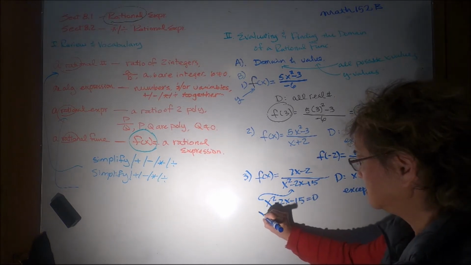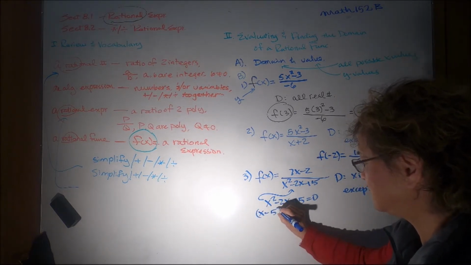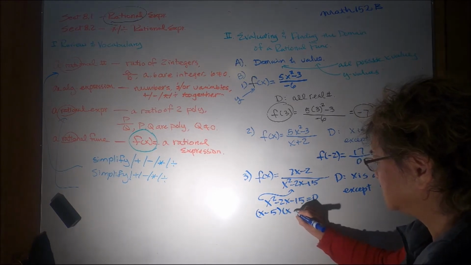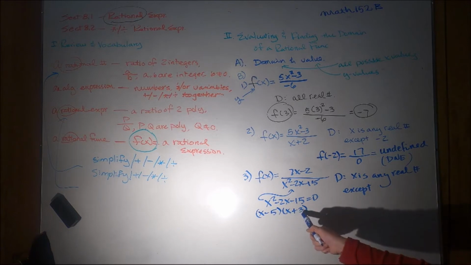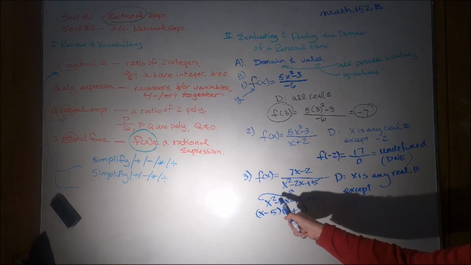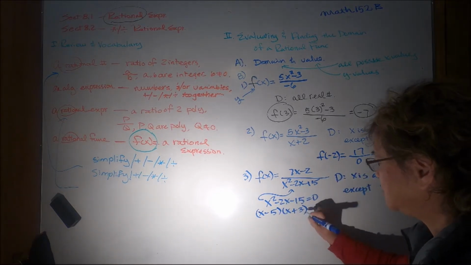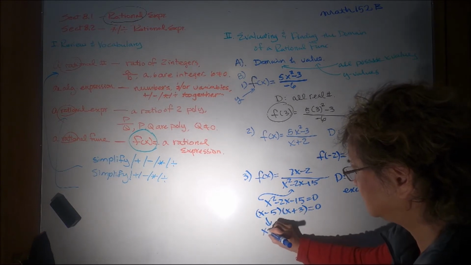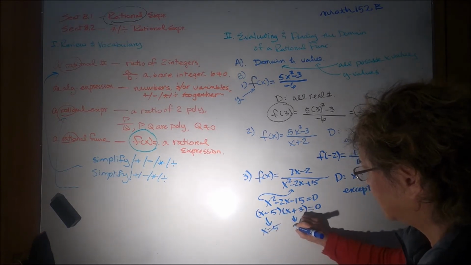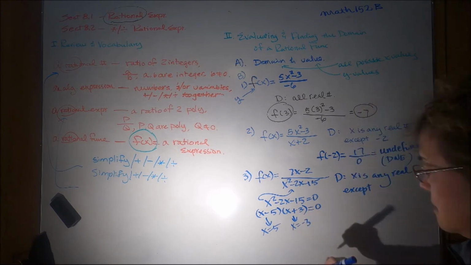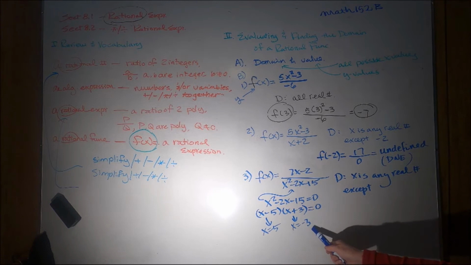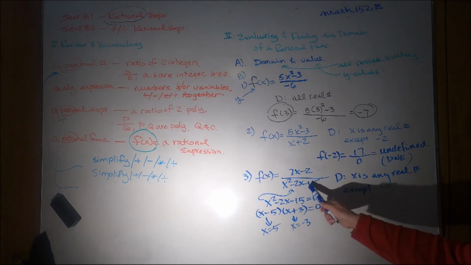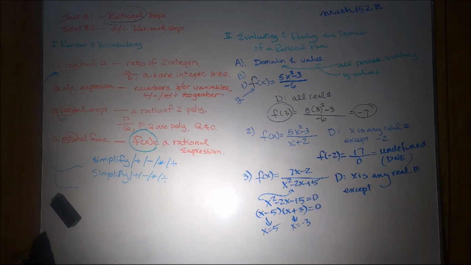Make it 0. You factor it. The leading coefficient is 1, so you can just find the numbers. 5 times negative 3 is negative 15, added together is negative 2. Then you use the zero product property. So x is 5, x is negative 3. So we find that if we use 5 or negative 3, they will make the denominator 0.